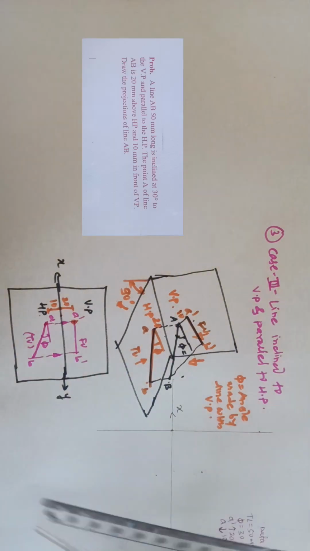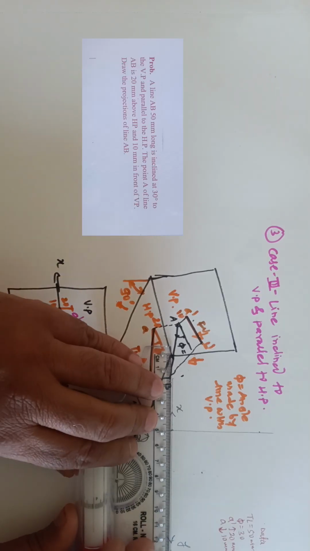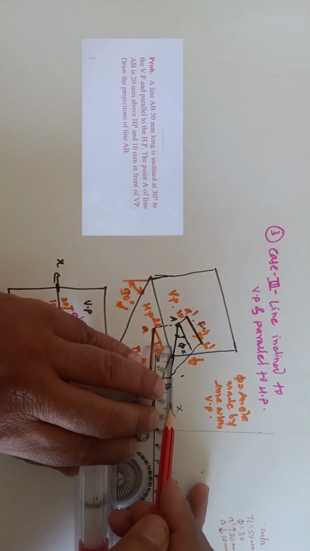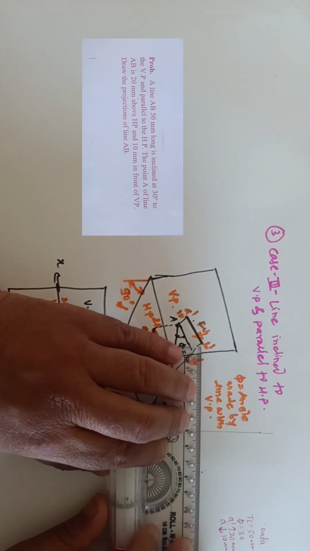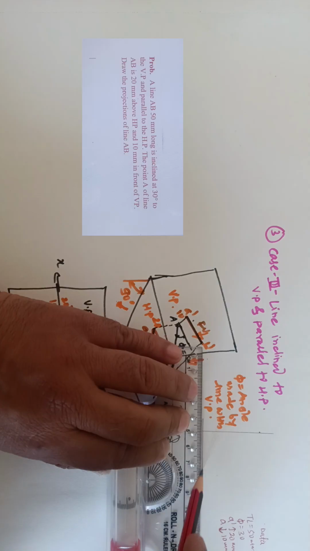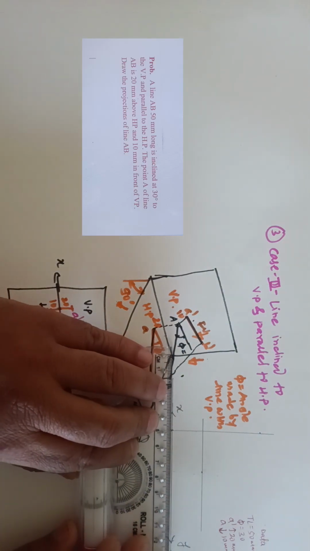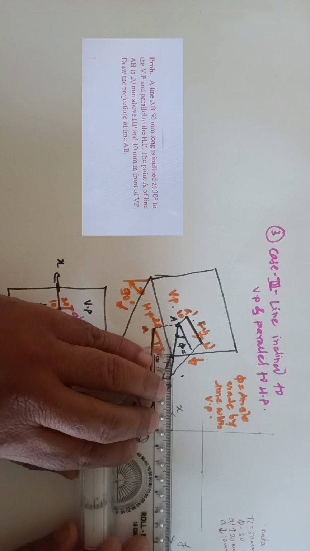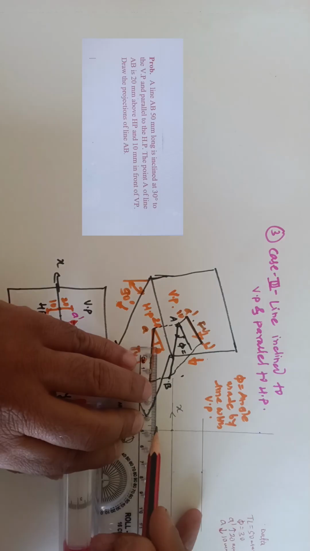Then we draw a line parallel to XY passing through the 20 mm point, and another line parallel to XY passing through the 10 mm point, below XY.